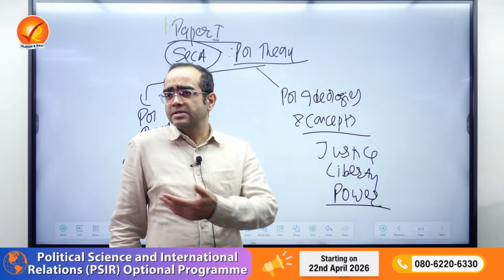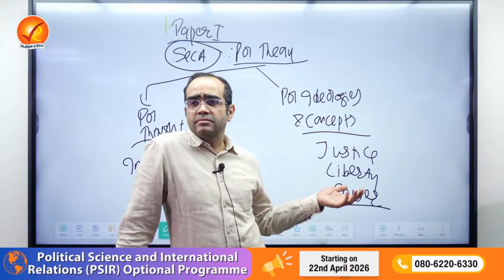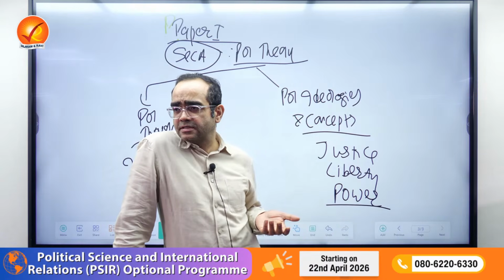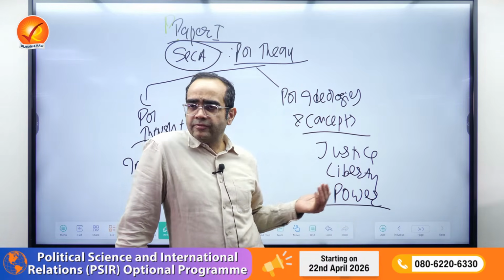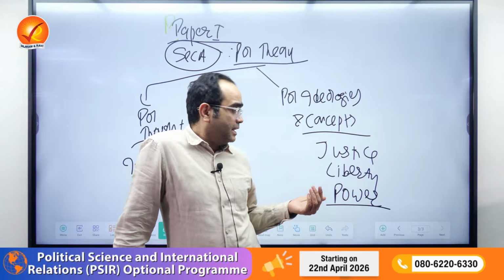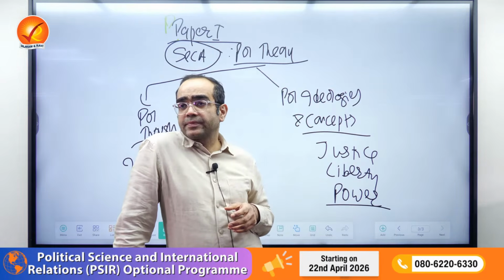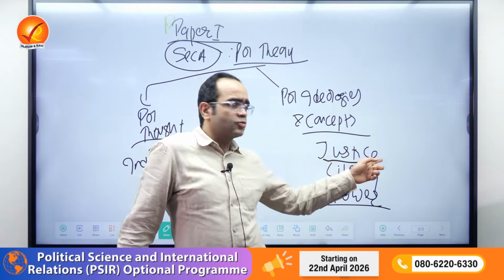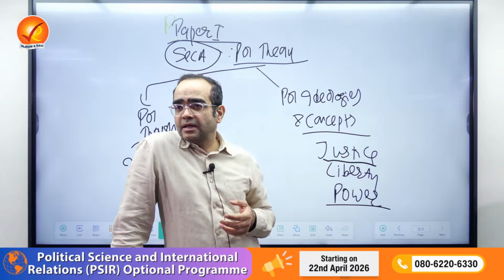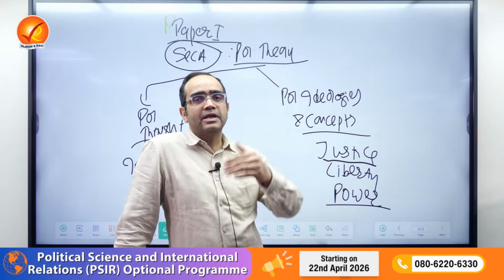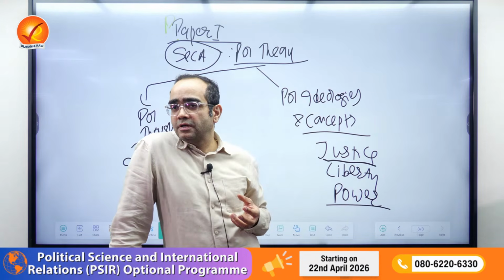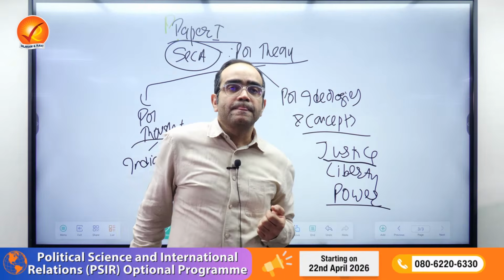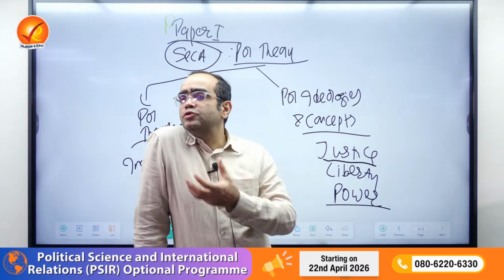You can see the syllabus. Paper 1 Section A, topic number 3 is justice, topic number 4 is equality, and power is there. Now if I ask what is justice, you will say, giving every person what is due. But the point is, what is due? Who is going to decide that?